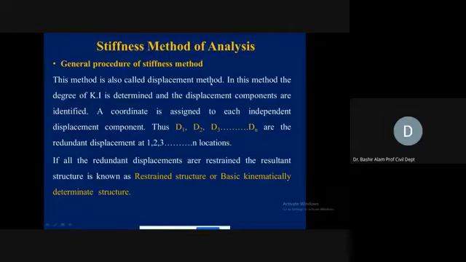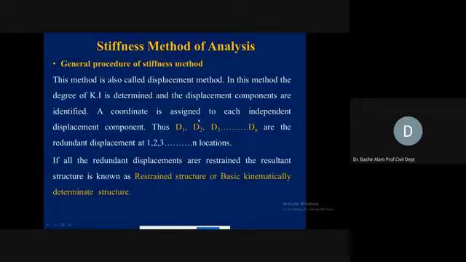In this method, the degree of kinematic indeterminacy is determined. Why are we finding out the kinematic indeterminacy? Because we are finding out the unknown displacements. So the unknown displacements will be coming from the degrees of freedom, which is also the kinematic indeterminacy. And the displacement components are identified.